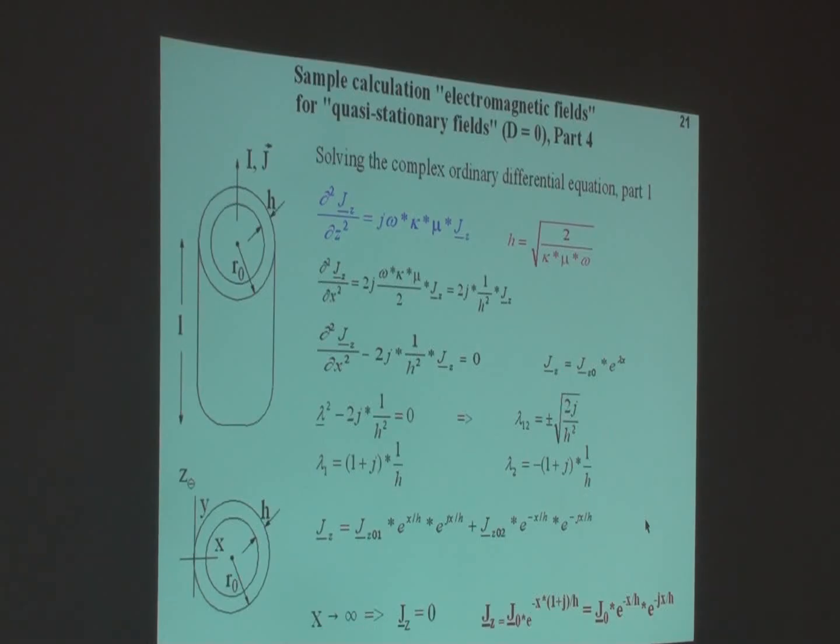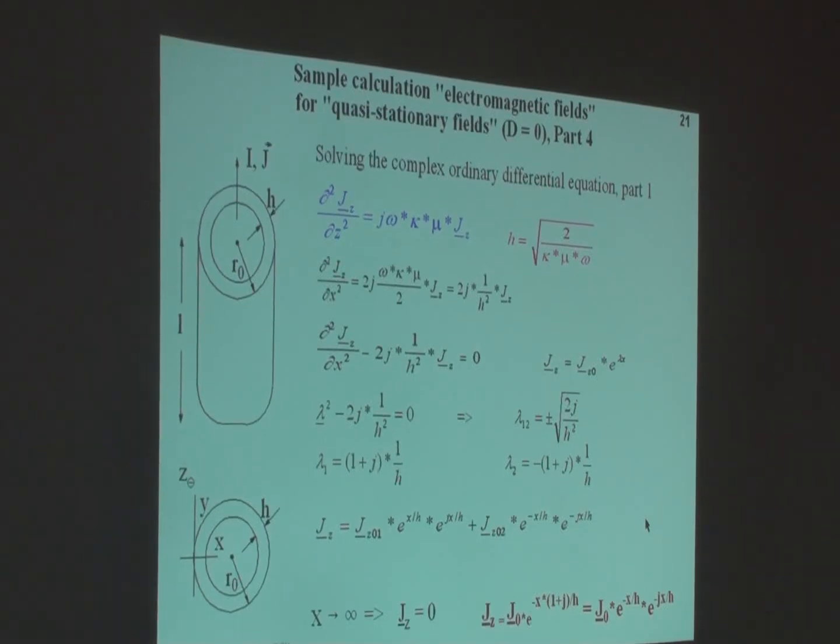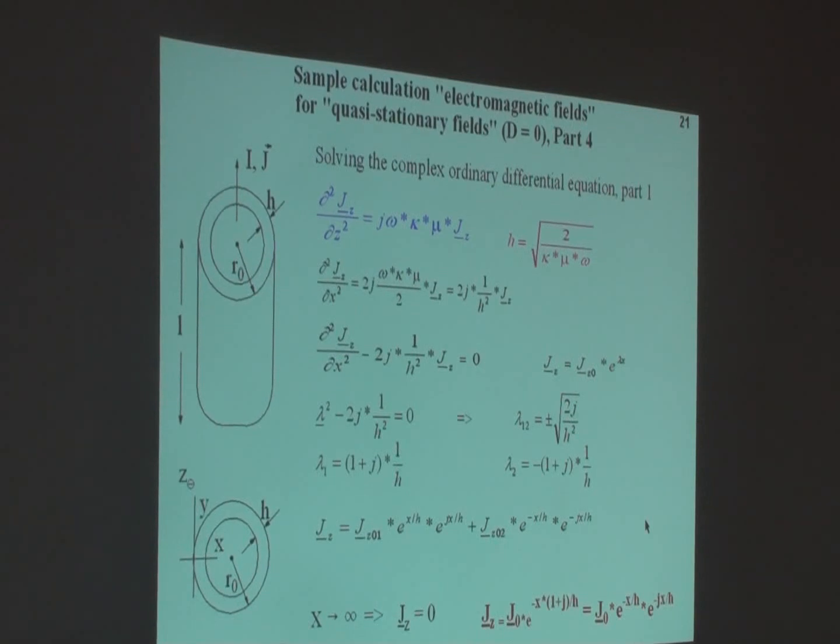I already told you that for the reactance calculation you also have to use the outside of the conductor. But you don't need to calculate this differential equation. You have to know this formula in red, and that is important for you. You don't have to calculate the current density, but you have to know that the current density decreases from outside to inside.